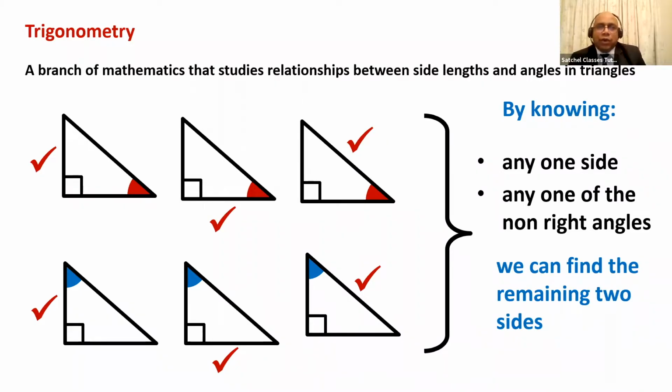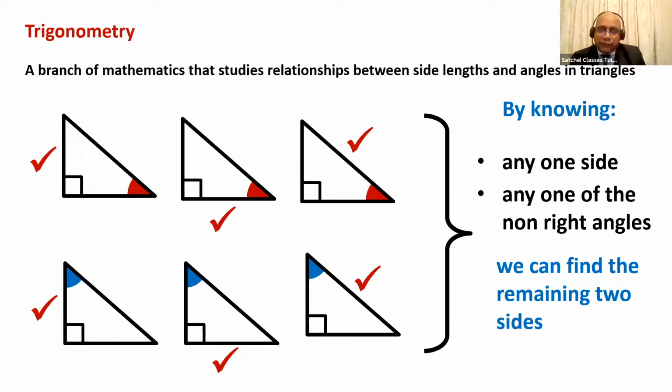So only by knowing one side of the triangle and one non-right angle, we can find the remaining two sides of the triangle. This is where trigonometry is useful: by knowing only one side of the triangle, we can still find the other two sides, provided we know one of the other two angles, which is not 90.